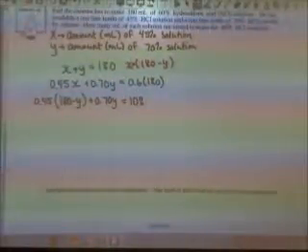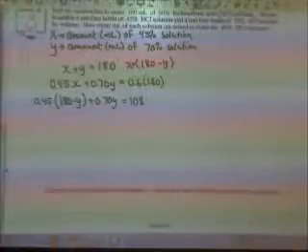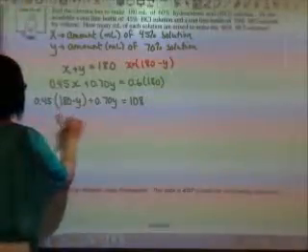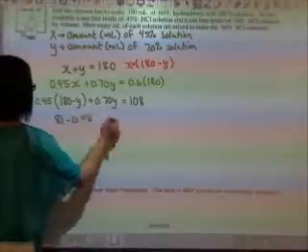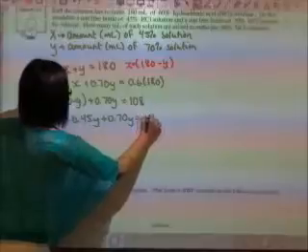So when I remove the brackets, what do I get? 81. So I get 81 minus 0.45y plus 0.7y equals 108.